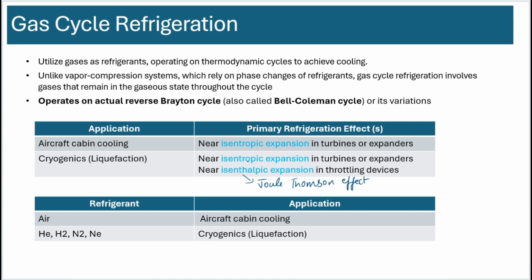In isentropic expansion, gas is not only dropping in pressure, but it's also doing some work in the turbine, so that causes it to further drop in temperature. The refrigerant used for aircraft cabin cooling is, of course, air. The refrigerants used for cryogenics are typically helium, hydrogen, nitrogen, and neon. So you could liquefy these gases too using cryogenic techniques.